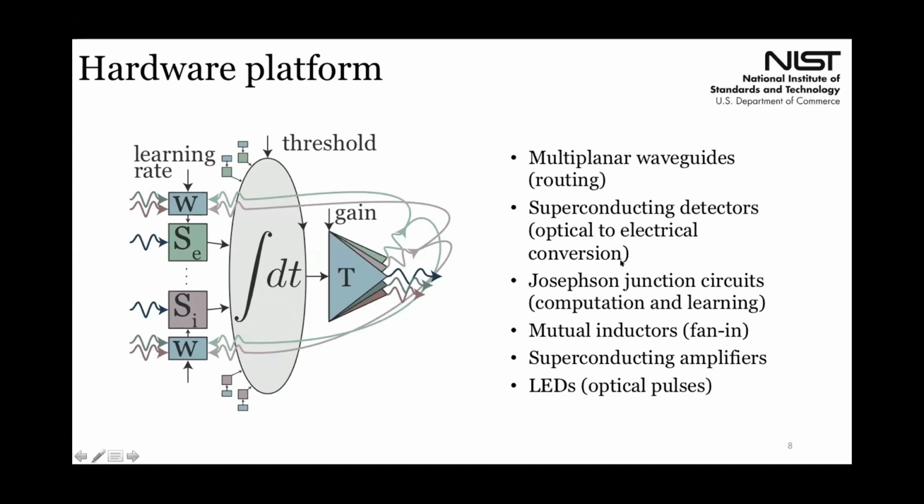And then I mentioned that the computation is done electrically, and so there needs to be optical-to-electrical conversion, and that's done using superconducting detectors. And then all the computation is done using other superconducting devices, things like Josephson junction circuits, mutual inductors, and then we need some superconducting amplifiers.